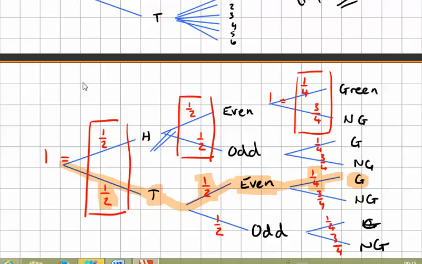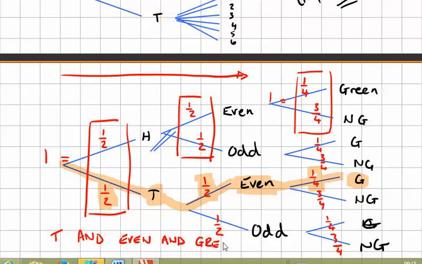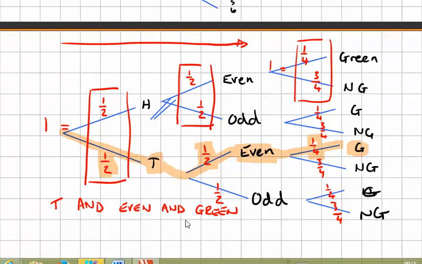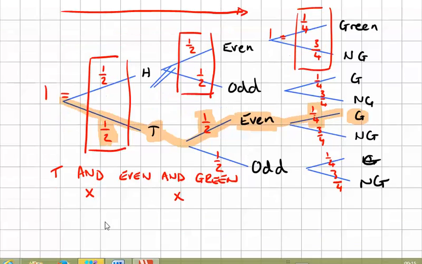When we go this direction on a tree diagram, we are saying tail and even and green. Do you remember from before what the word "and" meant with probability? In terms of a mathematical operator, the word "and" relates to multiply. The word "or" means to add with probability.